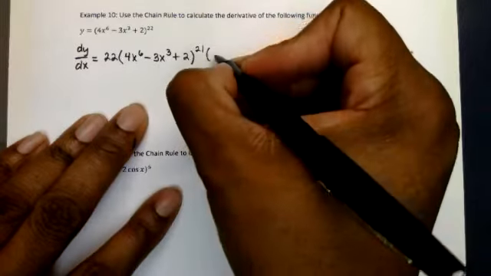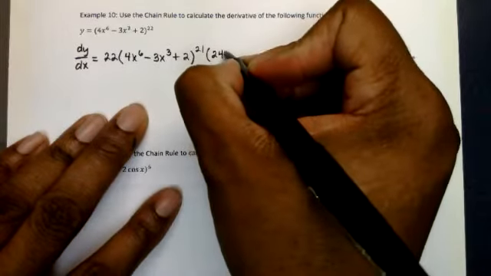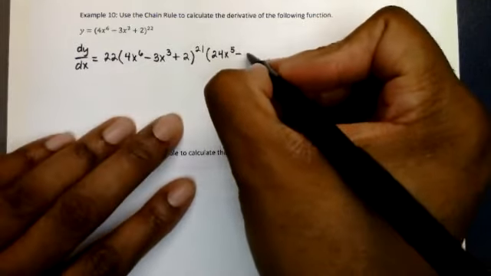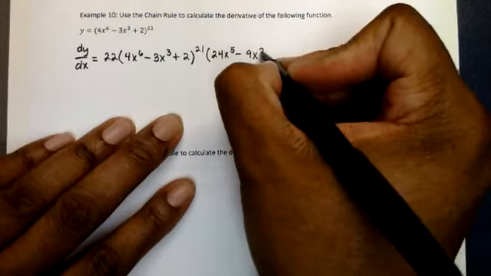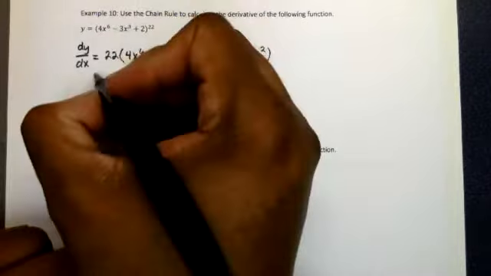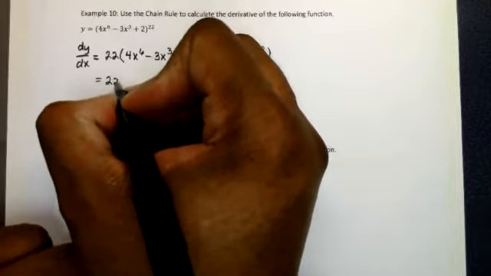The derivative of 4x to the 6 will be 24x to the 5th, minus the derivative of 3x cubed. That will be 9x squared. And I'll just rearrange the terms here a bit.